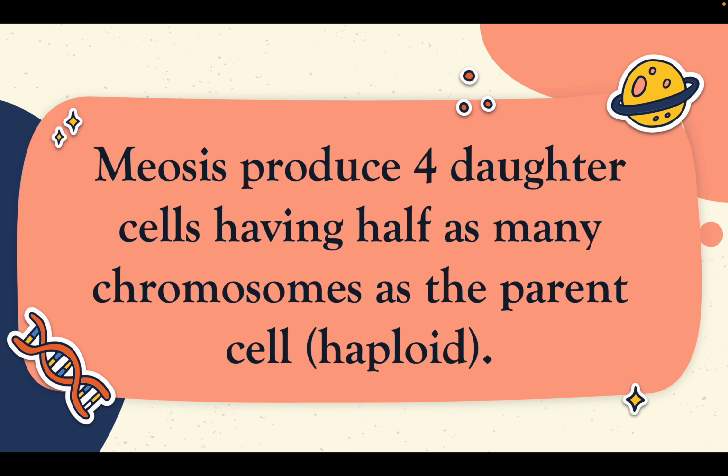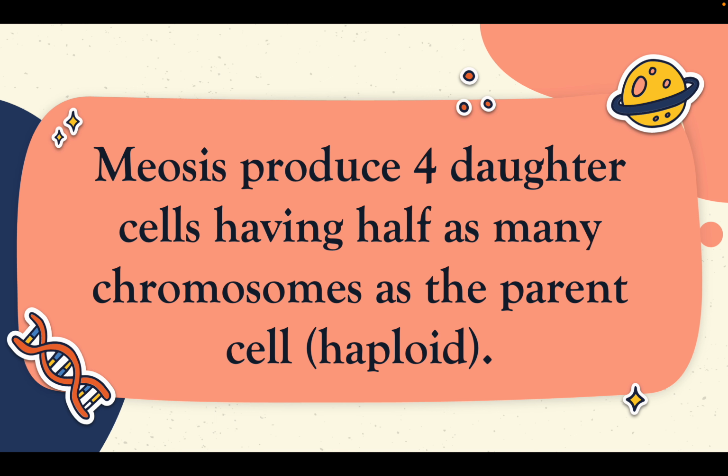So 23 means haploid, 46 means diploid. When the egg and the sperm cell fertilize, the zygote is now diploid, having 46 chromosomes.